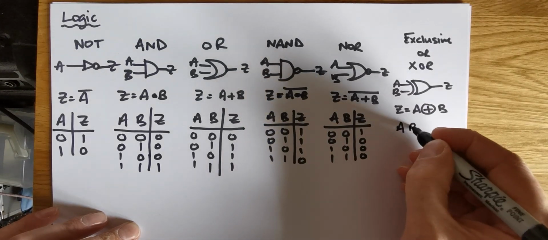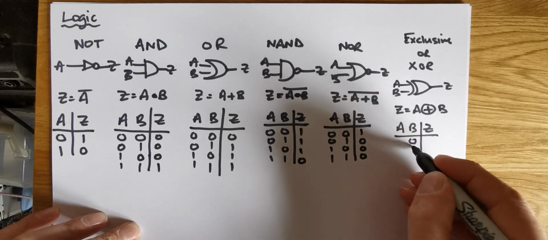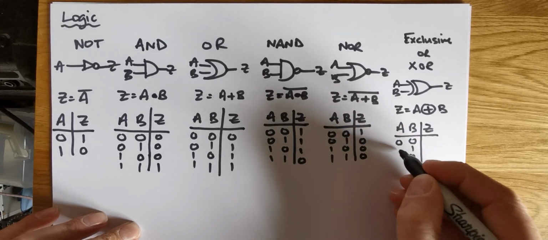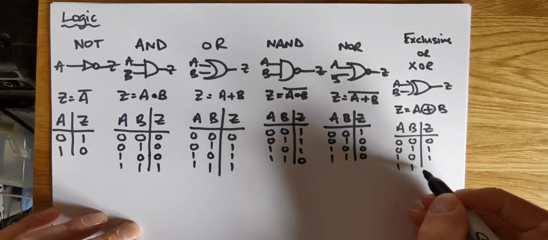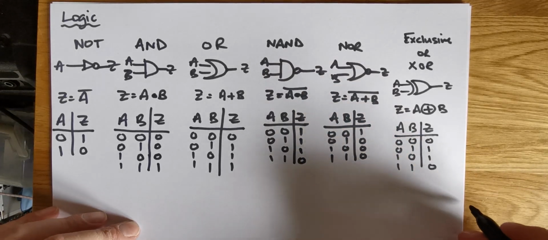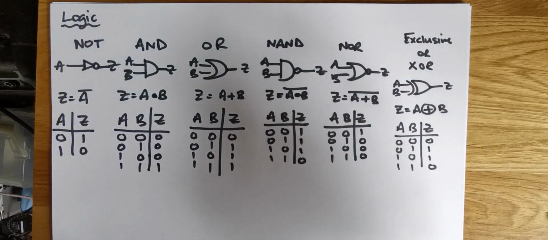And the truth table is the same as the OR, but it excludes, this is why it's called an exclusive OR gate, the entry where all of the inputs are on. So it excludes that one. That's a 0. So those are all of the gates that you need to be able to recognise and name and work with at Higher.